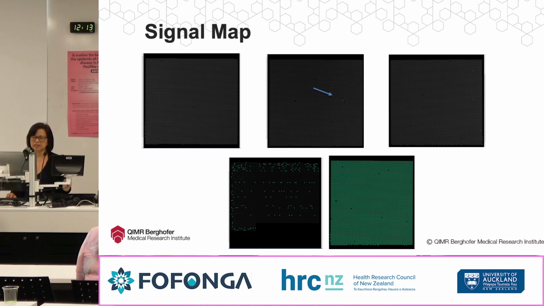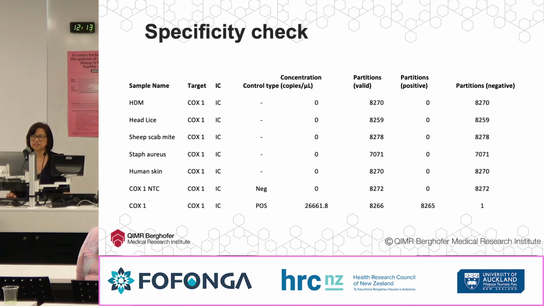Well, for specificity, we are in our early stages. We also did the same thing, and COX is our target here. So we did a run of the house dust mites, the head lice, the sheep mite, the Staph aureus, and human skin.